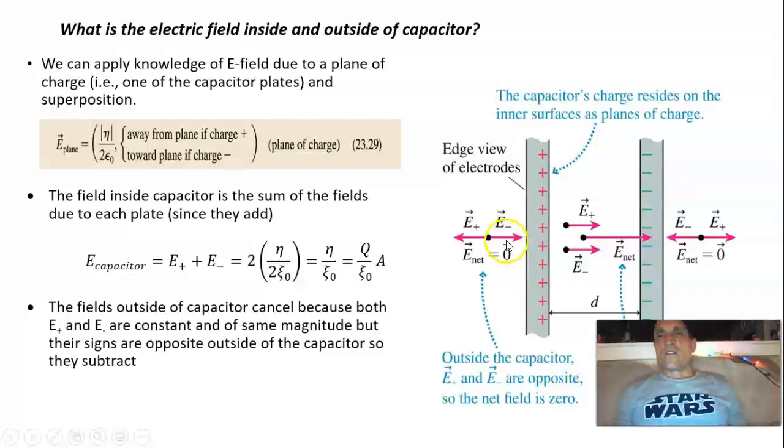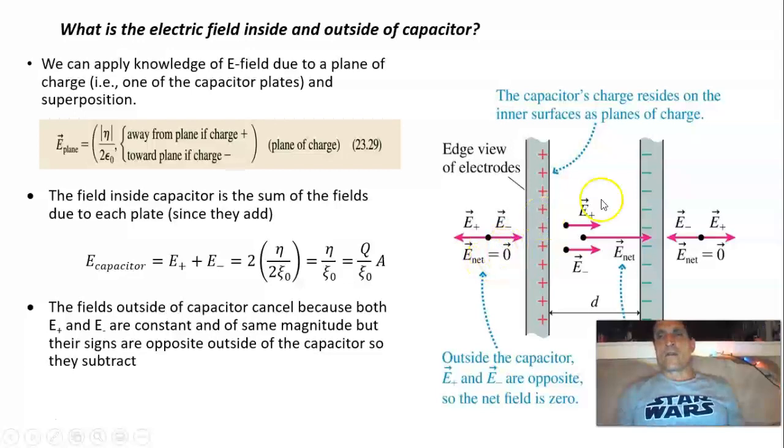So to get the total electric field, it's the sum of these two. Both of the fields are the same magnitude, because the field is constant near a charged plane. So they both have the same magnitude, eta over 2 epsilon naught, but they point in opposite directions. That means that the field outside the capacitor, the net field, is 0.